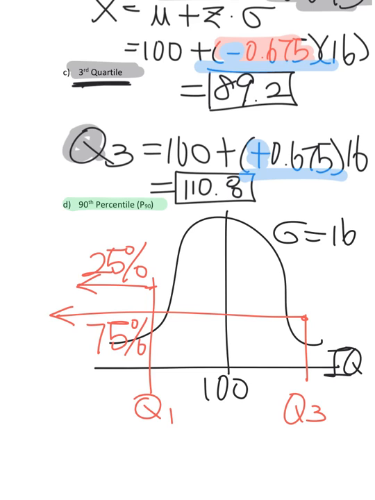We can say Q1 is the 25th percentile and Q3 the 75th percentile.